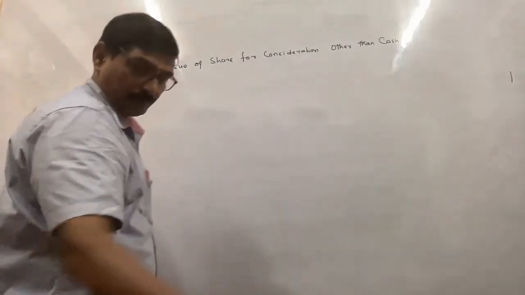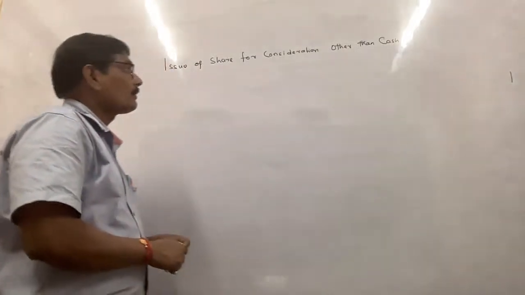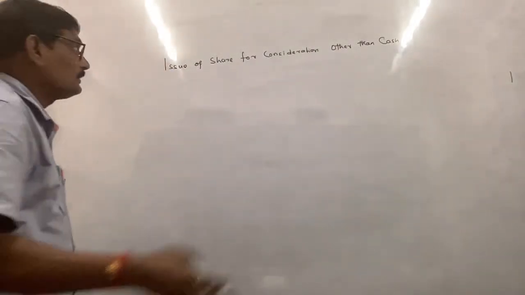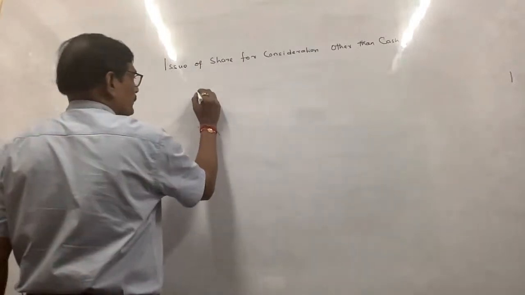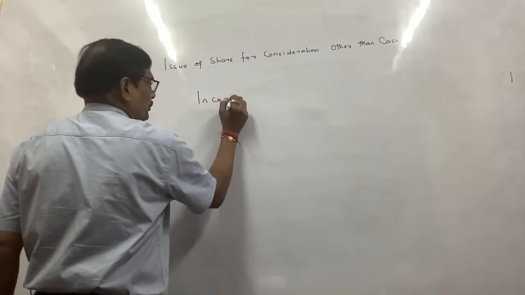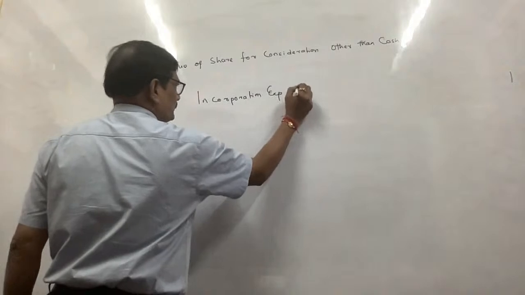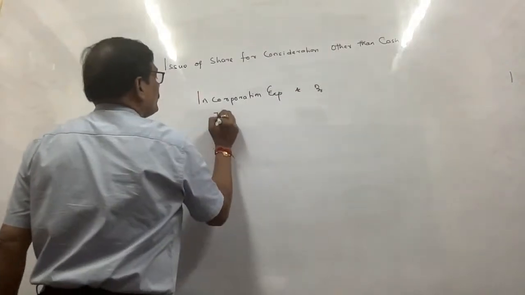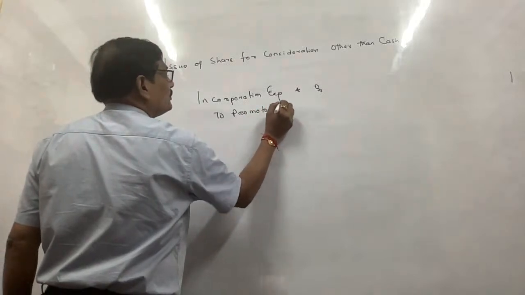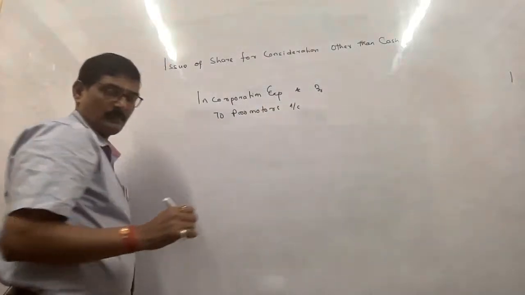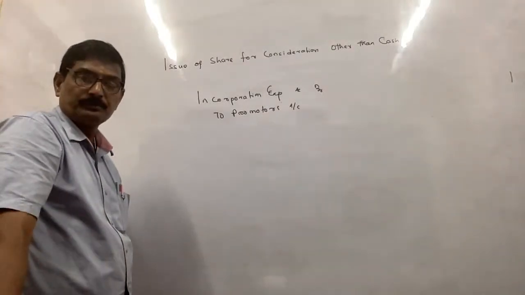Write down. For issue of share to the promoters, first the due entry will be incorporation expenses account debit to promoters account.